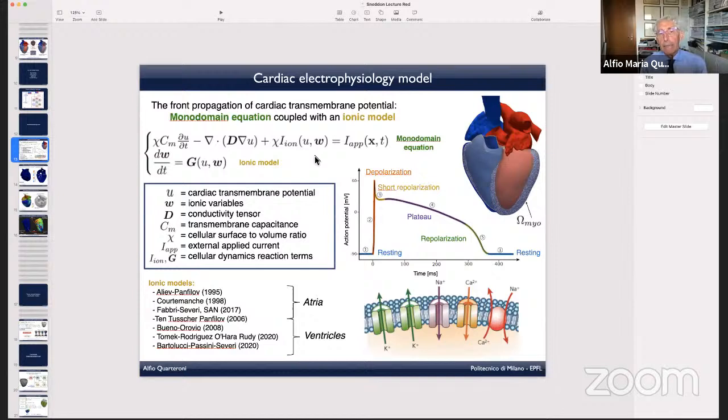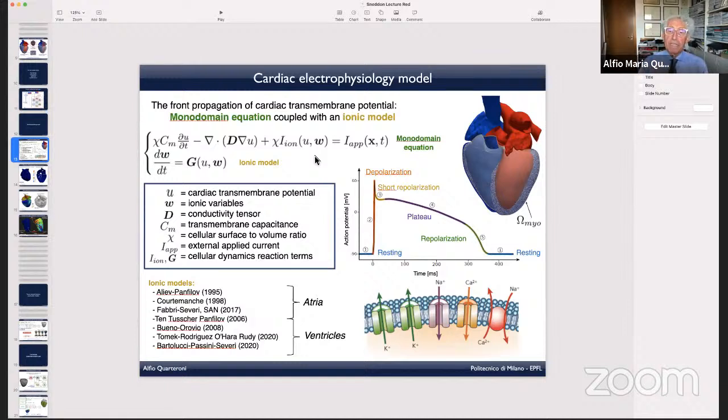So I would say that in a sinus rhythm in healthy condition, the monodomain equation is, according to our experience, accurate enough. In some circumstances, it might be wiser to use the bidomain equation. We actually have both approaches, and sometimes you even use an even easier model, which is based on the eikonal equations. So it really depends on what you want to observe.